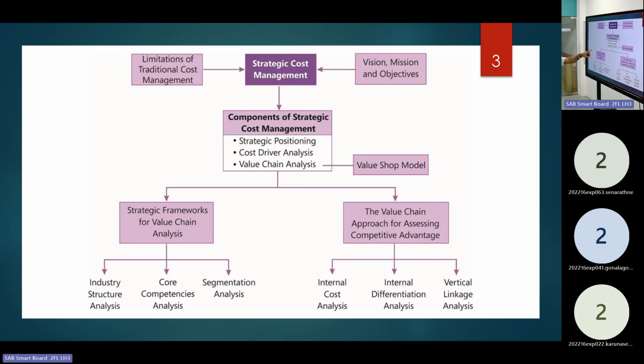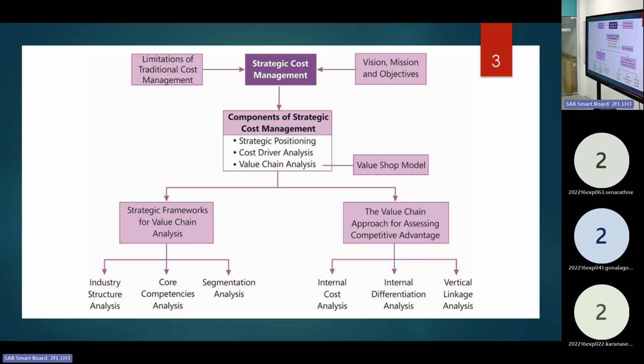Under value chain analysis, we can take the strategic framework for value chain analysis and value chain approaches, assessing the competitive advantages. Under that we have several parts too, and we will just brief on this, because we are taking only this particular lecture to cover this topic. I discussed this diagram in several lectures at master's level.